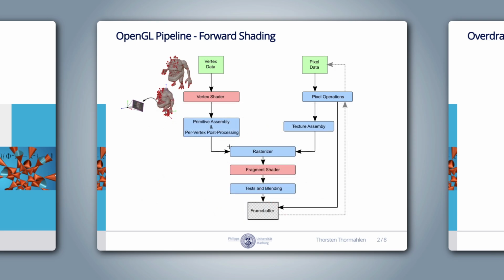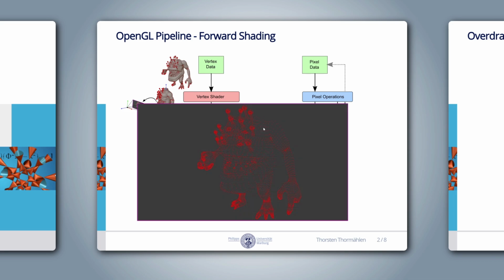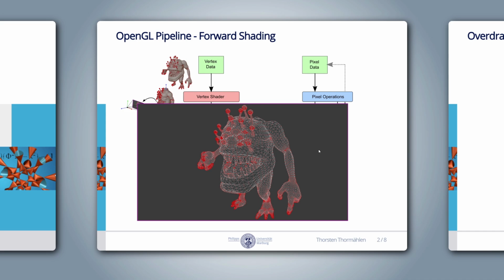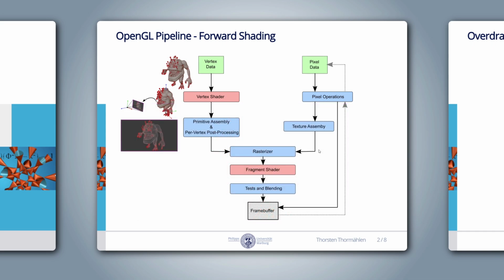After the vertex shader, the pipeline performs primitive assembly. The projected vertices of the mesh are shown in red. For every 3 vertices, a triangle is created. This stage of the pipeline also performs per vertex post-processing, which includes clipping, perspective division, and viewport transformation.